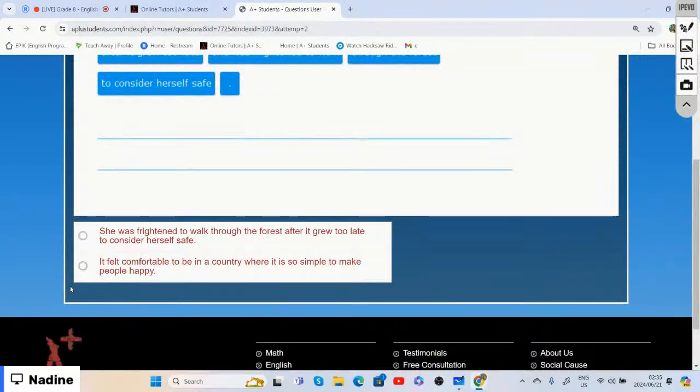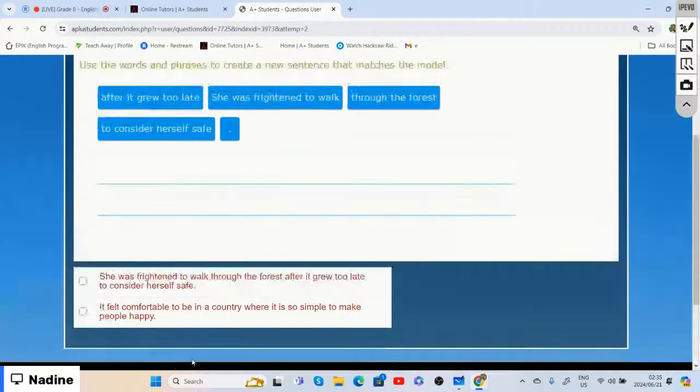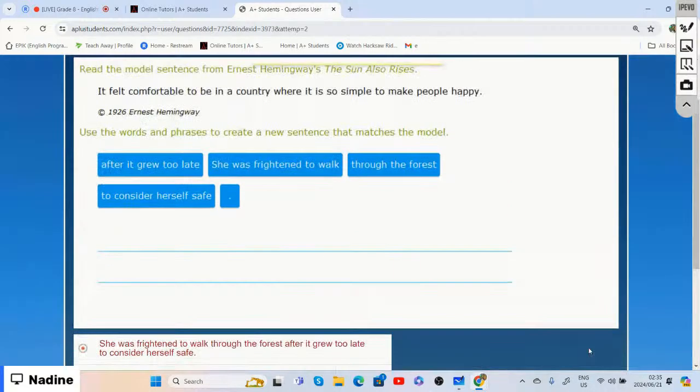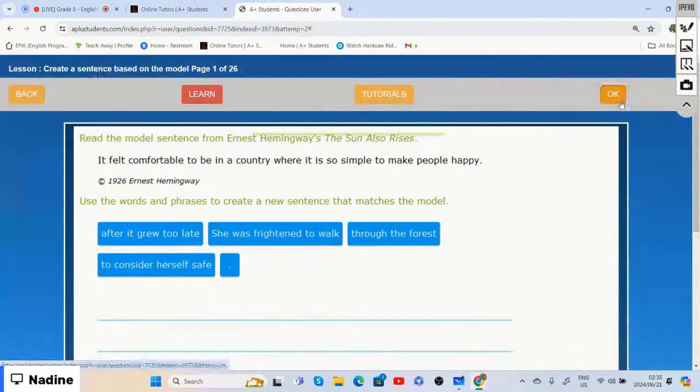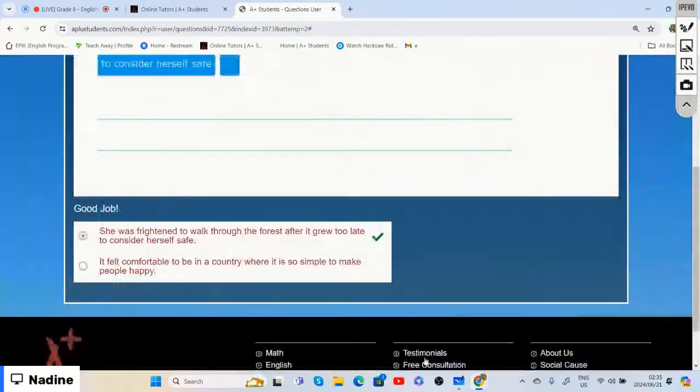This is now when we are recreating the sentence. So it's option one or option two. All right, then if we were to choose the correct option, then yes, we will start with she was frightened to walk through the forest after it grew too late to consider herself safe. So well done, that is correct.